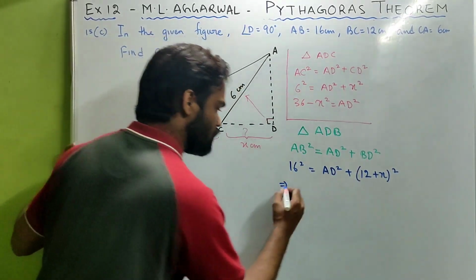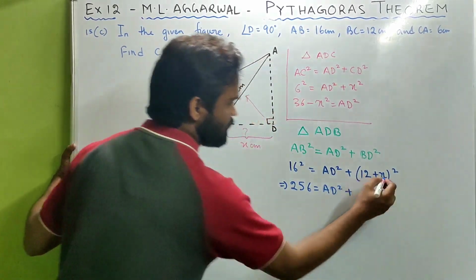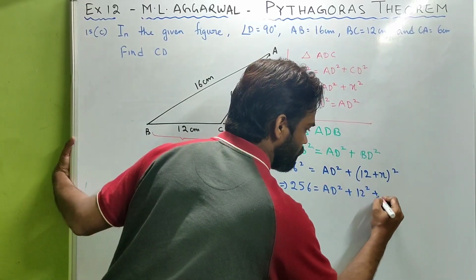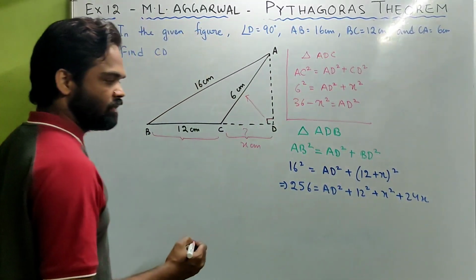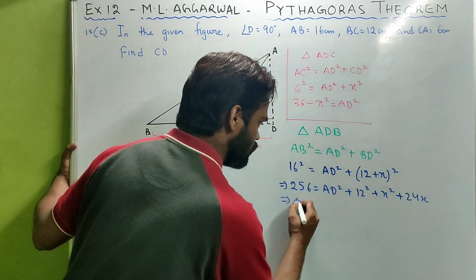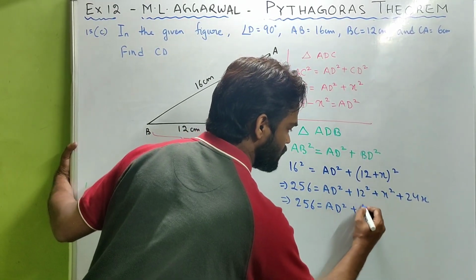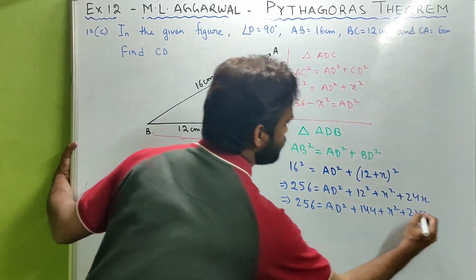Now 16 square is 256 equals AD square plus 12 plus X whole square, which is A square plus B square plus twice AB. Which means 256 equals AD square plus 144 plus X square plus 24X.